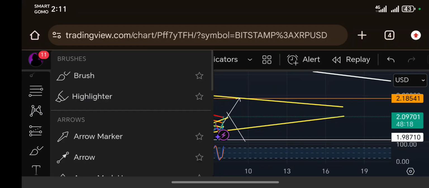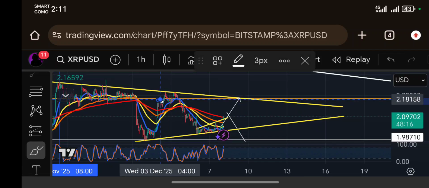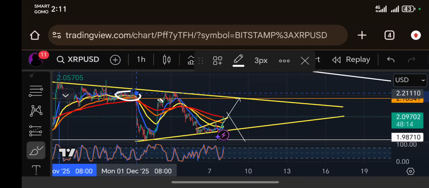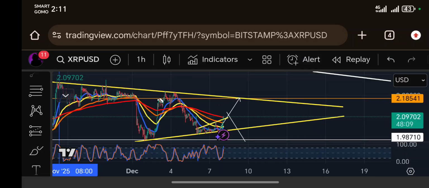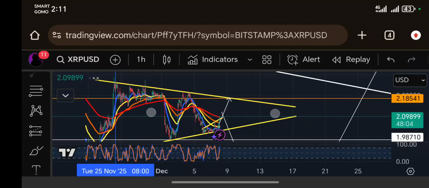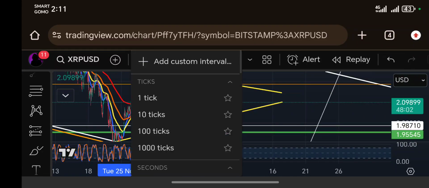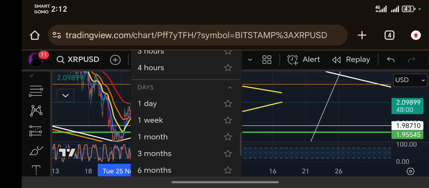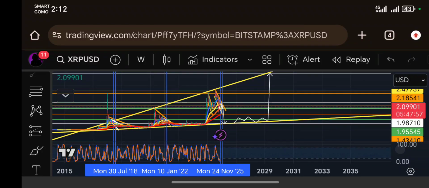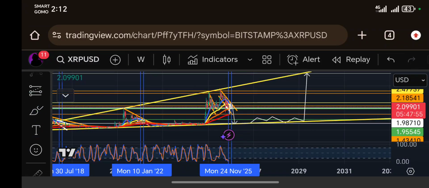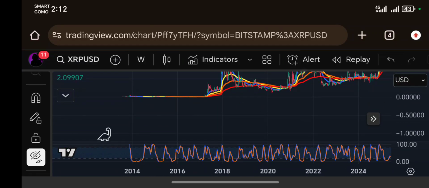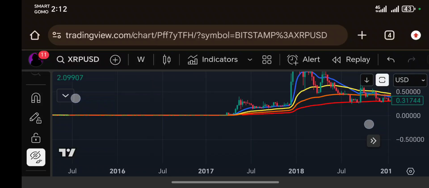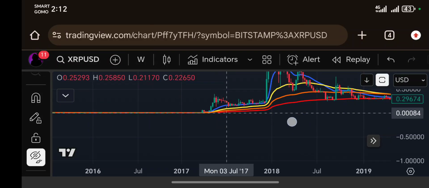This is going to be your resistance. This is previous support, now it's going to be your resistance. So let's see how it plays out. After that, let's look at the weekly time frame. I'm going to show you this. I'm going to hide my drawings first. As you can see here, in the past, we can be like this one.